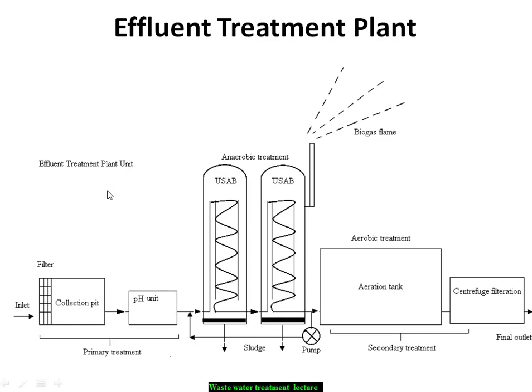So this is the basic treatment; in a simple manner I have discussed here how the effluent is treated by the different primary and secondary treatments. If we want to improve the quality of this outlet water, for drinking purposes, we have to add some chemicals so that all pathogens can be removed.